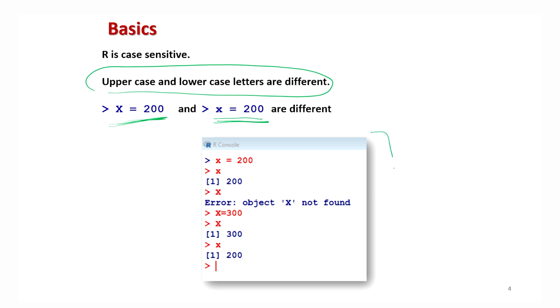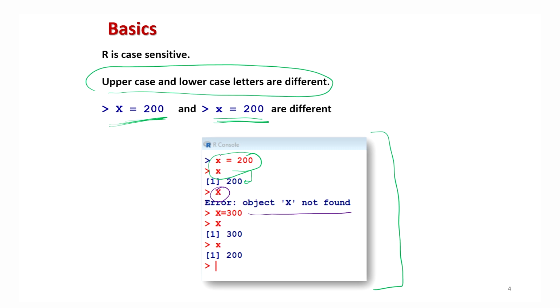Suppose I take here this screenshot and I have taken an example. Suppose I say lowercase alphabet x is equal to 200. So, now if you try to see the value of x, this is 200. Now, I try to choose here the value of capital X. It will say that object capital X is not found.